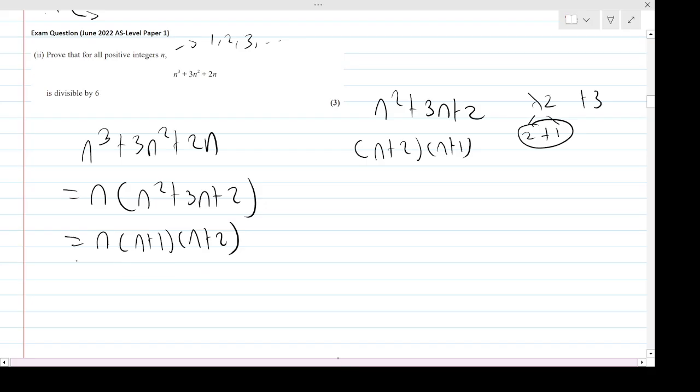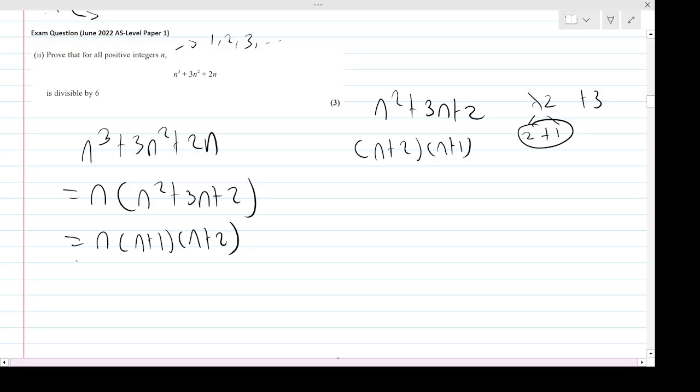If we think about it more, surely then, it's three numbers in order, right? If we have n, then n plus 1 and n plus 2. We can consider that like a 3 times table.